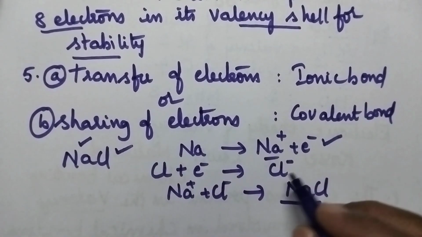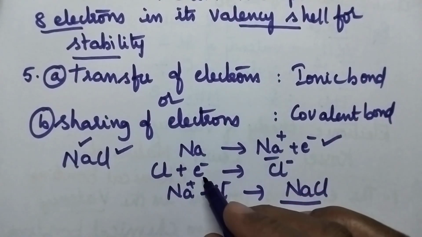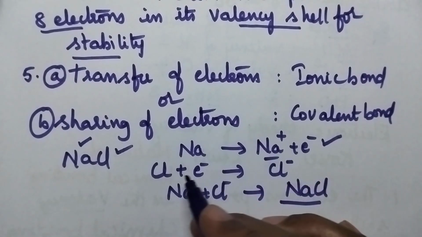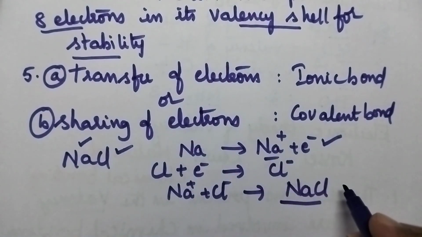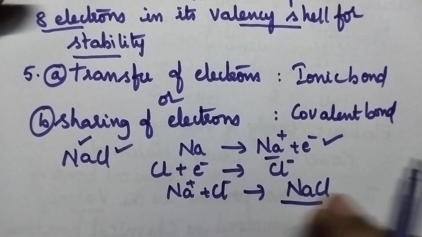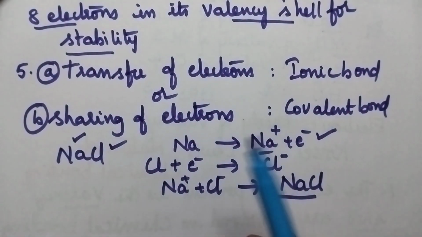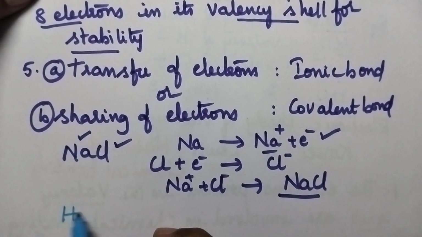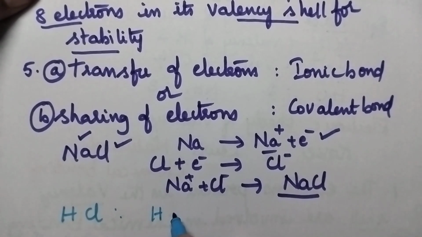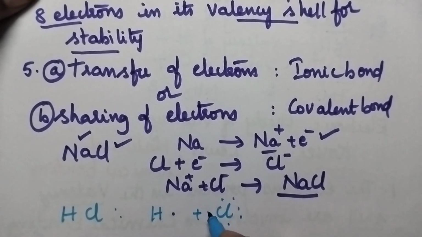So here what happened? Transfer of electrons takes place between the sodium and chloride, and hence it is a good example for ionic bond. And if we move to HCl, here hydrogen consists of only one electron in the outermost orbit. Coming to the chlorine, it consists of 7 electrons in the outermost orbit.